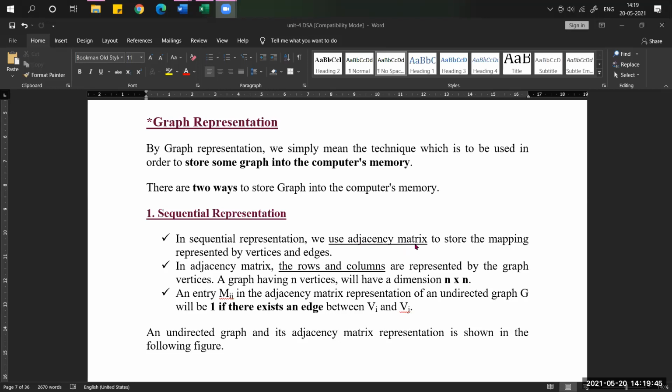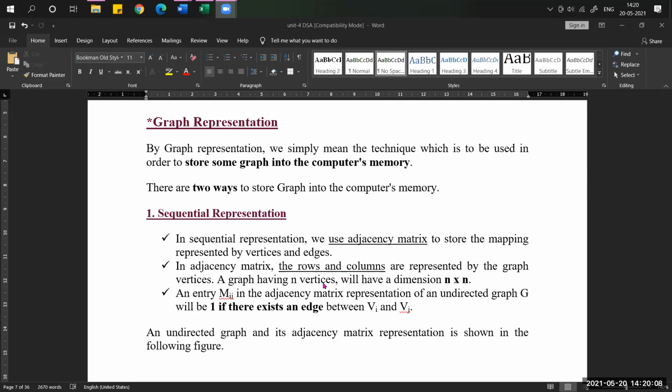When you hear the word matrix, you have to remember two terms: rows and columns. What is the dimension?